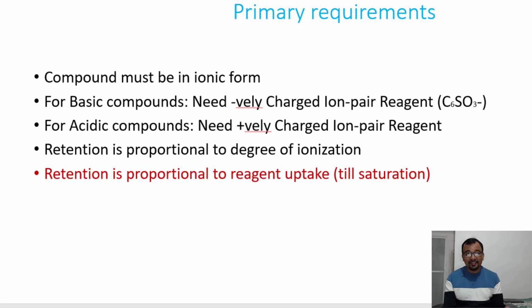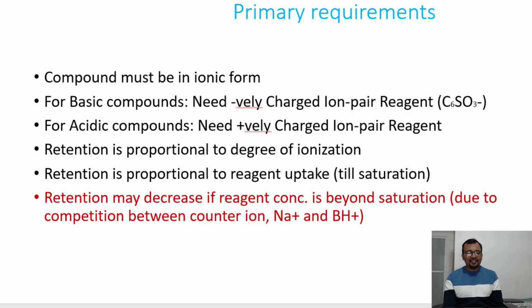So the more the column gets occupied by the ion pair reagent, the more will be the replacement, or the more will be the interaction of the ionic compound with the stationary phase.